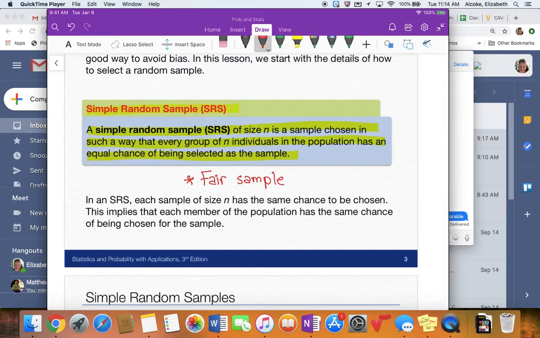And in an SRS, each sample of size n has the same chance to be chosen. This implies that each member of the population has the same chance of being chosen for the sample. So I could randomly select 100 of the 800 Mason students or something like that.